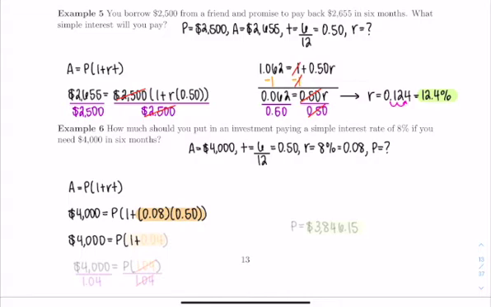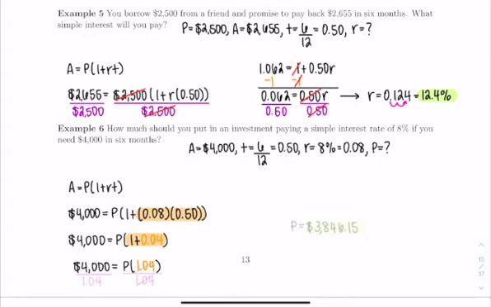We have 1 plus 0.08 times 0.5 is 0.04. And so again, we can simplify a little bit more inside the parentheses. We have 1.04. And so the goal is to get P by itself.